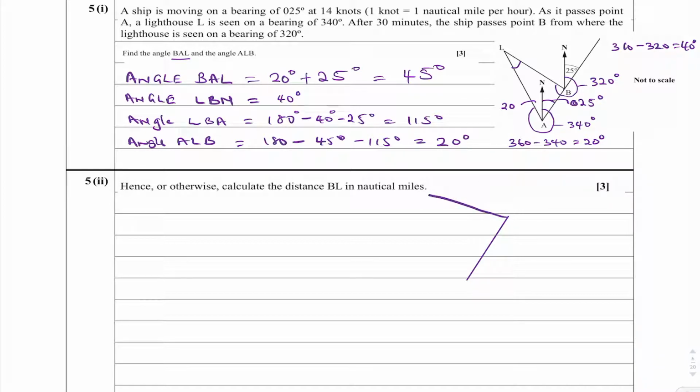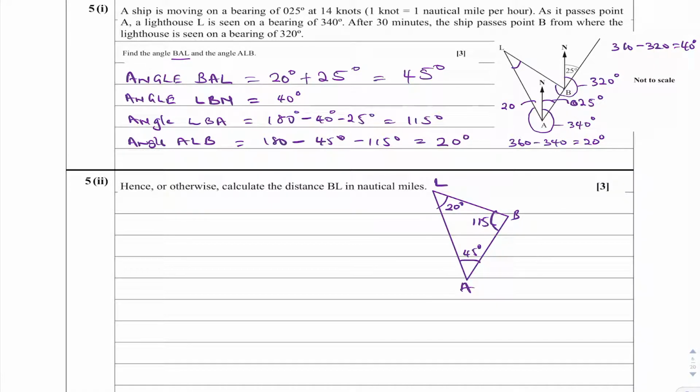And that's L. Let's make that A. I'll draw that again. This angle here is 115. Let's call that L, B, A. And this is 45 degrees. Let's assume this is 20 degrees.